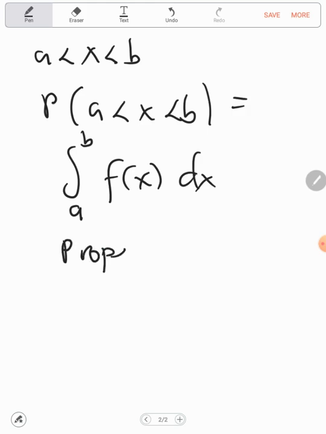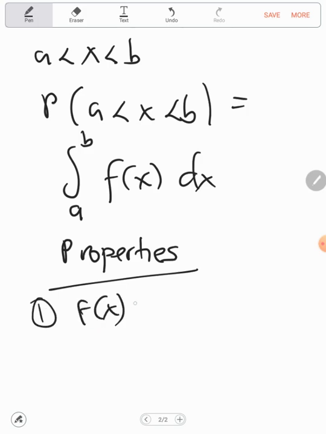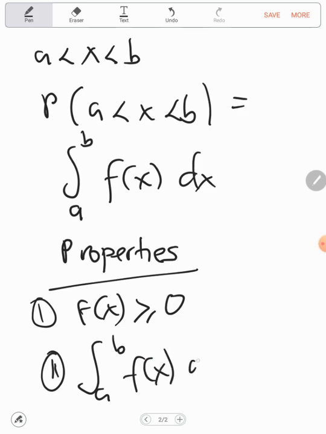And for the properties, I think I already mentioned this. The first one is that f of x is greater than or equal to 0. And the second one is that the integral from a to b of f of x dx is equal to 1. Remember, when we're talking about discrete random variables, we said that the sum of all probabilities should give us 1.